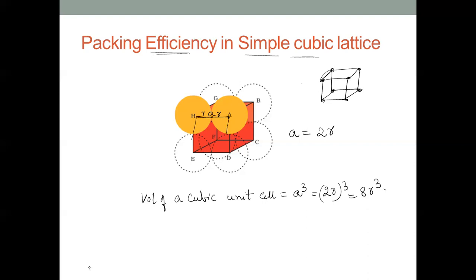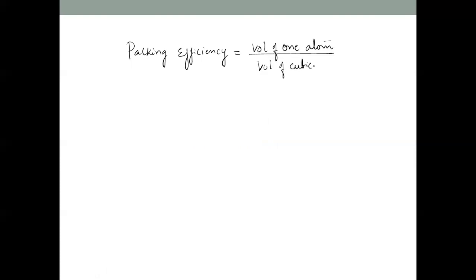Now the packing efficiency is given by the formula: packing efficiency is equal to volume of one atom divided by volume of the cubic unit cell, into 100%. Since we want it as a percentage, we multiply by 100.